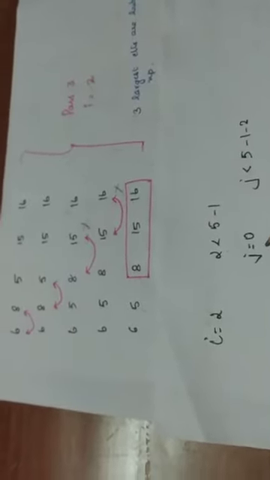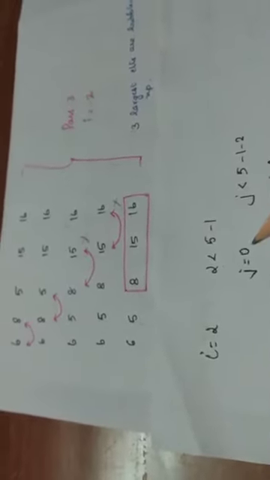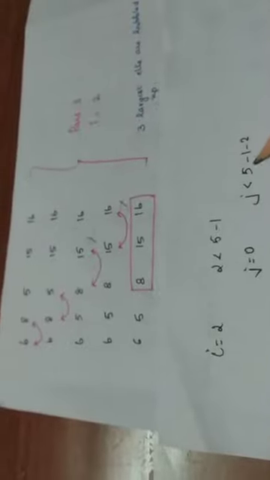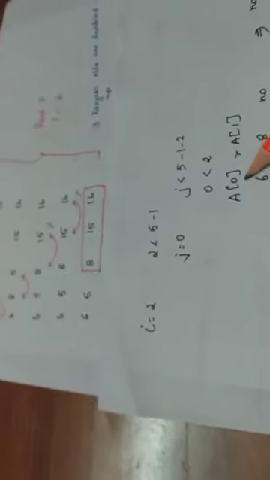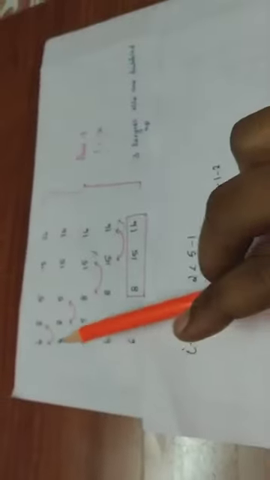So now it gets into the j loop. j is equal to 0, and it checks j less than 5 minus 1 minus 2, that is n minus 1 minus i. Yes, 0 is less than 2. Hence, it enters the if condition: a of j, that is a of 0, is greater than a of j plus 1, that is a of 1. The value of a of 0 is 6 and a of 1 is 8. Is it greater? No. So we will not go for swapping.